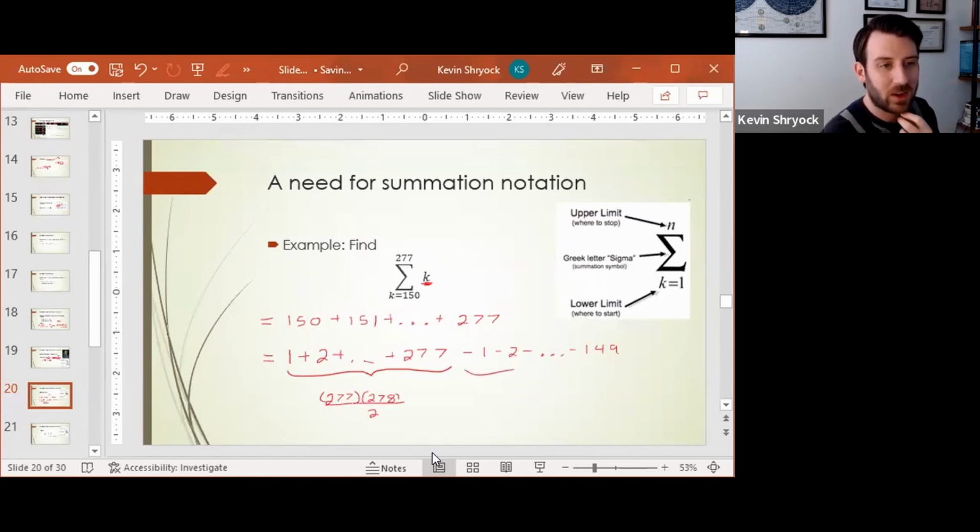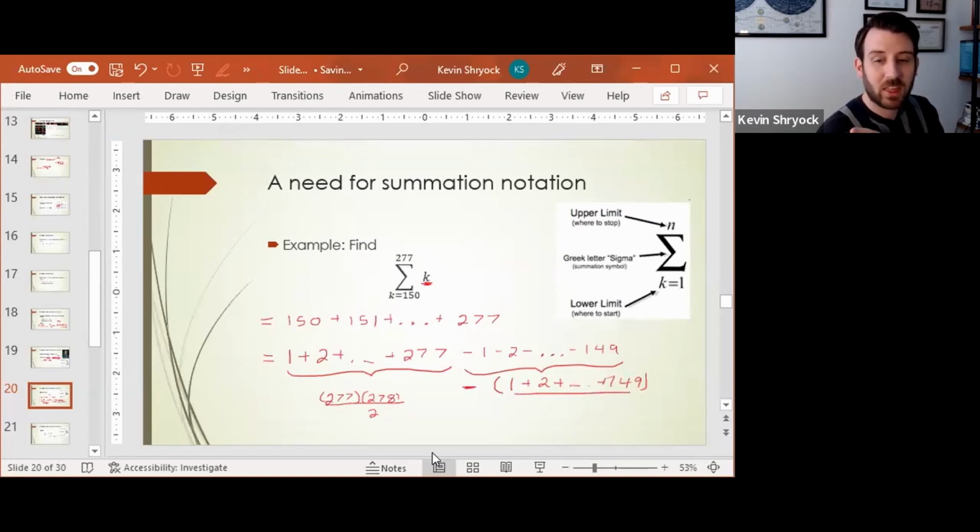What about this one over here? I don't have a whole bunch of subtraction, but I do see that it's the numbers 1 through 149. Maybe I could make this subtract 1 and 2 and 3 and 4 and all the way up through 149. Well, in that case, I have a formula for this, 1 through 149.